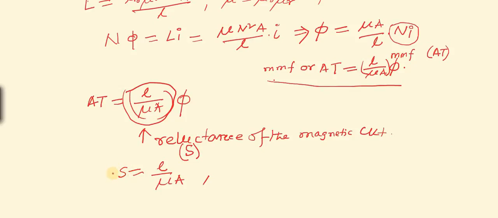Now the opposite of reluctance, that means the inverse of reluctance, which is 1 by S, is equal to μA by L. This is known as permeance.